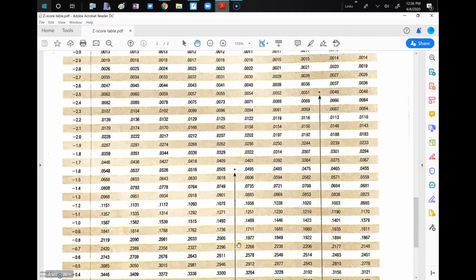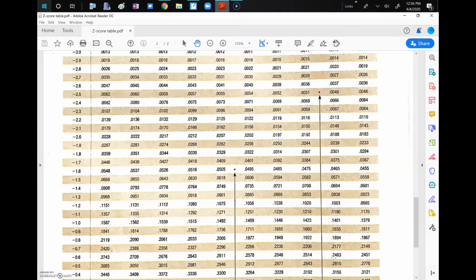So here I'm looking on the interior of my chart for that value of 0.25. We can start reading it. I see the values are getting closer, and right in between these two data values would be the 0.25. How I figure out which one's closest is I subtract my value from 0.25.